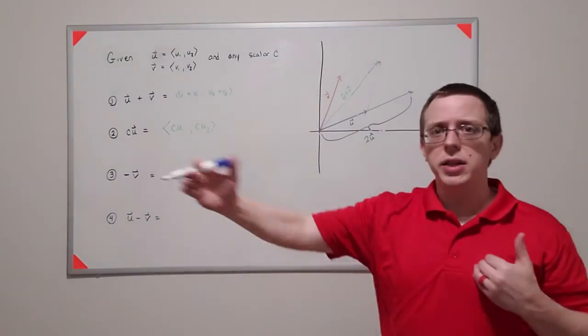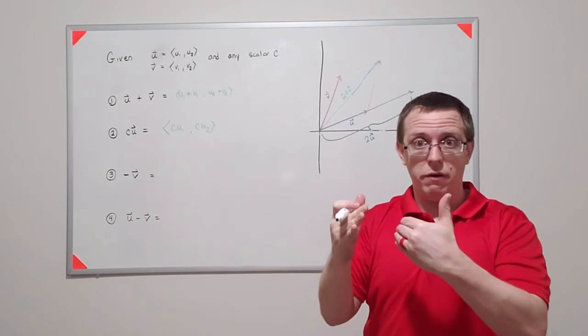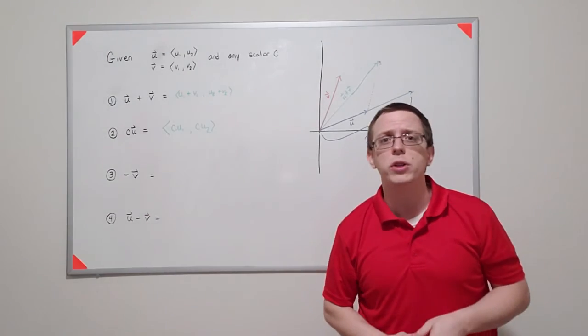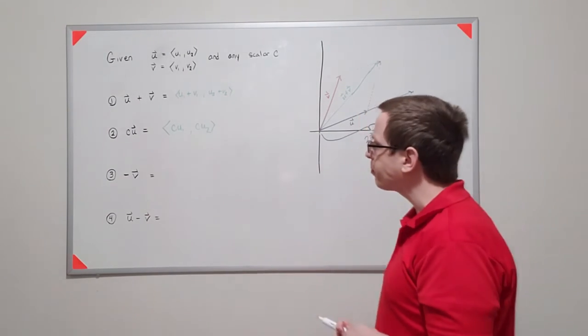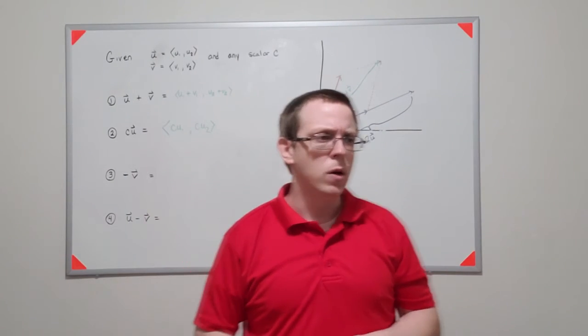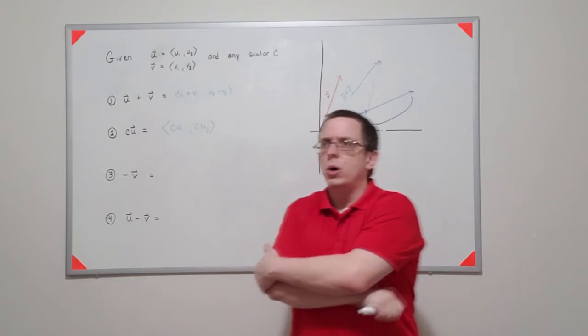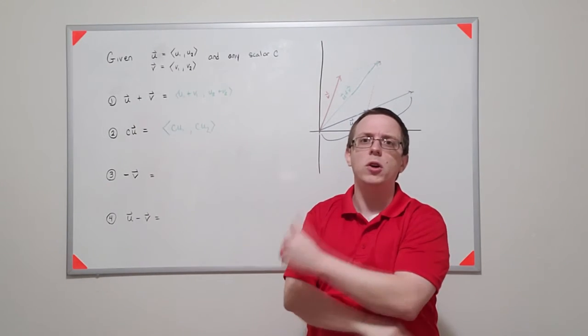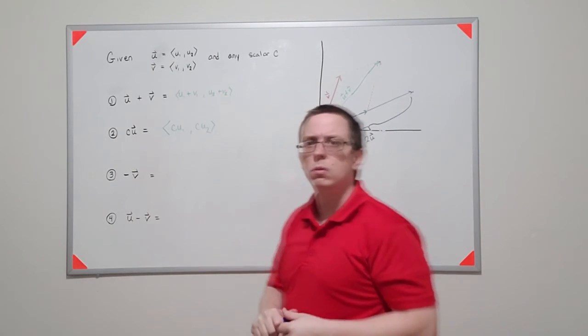So not only can I scale that way, I can actually shrink a vector. And we're going to use that when we talk about unit vectors. So think about negative v. If you think about negative v, well, that would be the vector in the opposite direction.